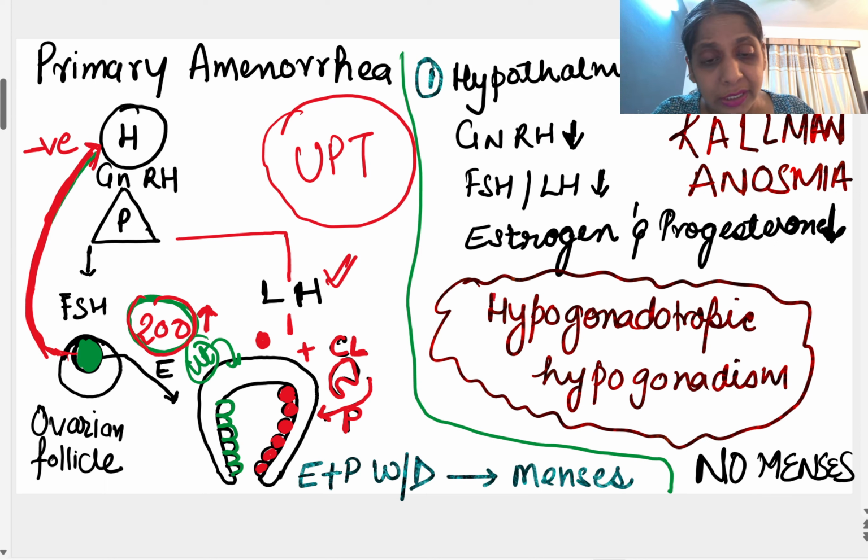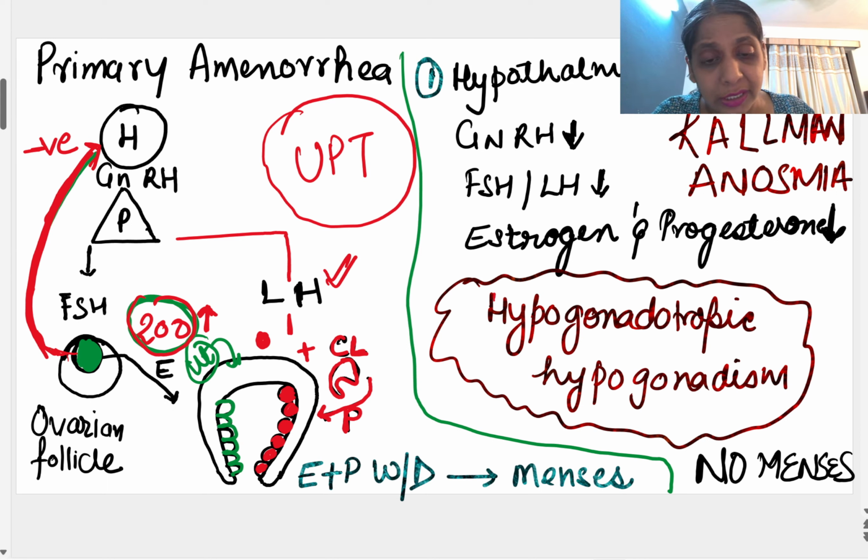It makes the endometrium secretory, right? And soon after, the corpus luteum dies, and then what happens? When the corpus luteum dies, progesterone withdrawal occurs, and due to the progesterone withdrawal, periods come. This is a normal menstrual cycle.